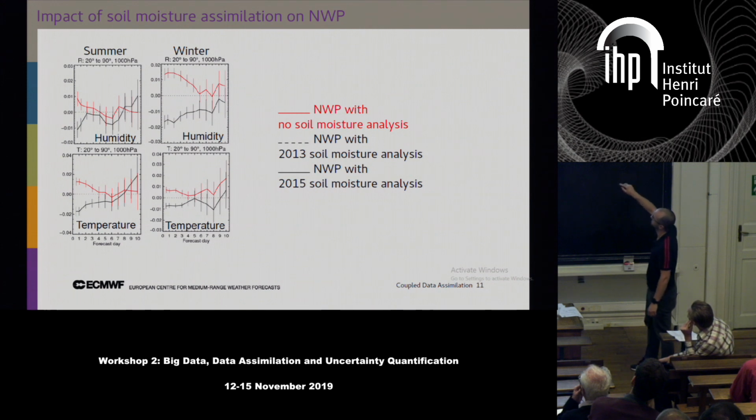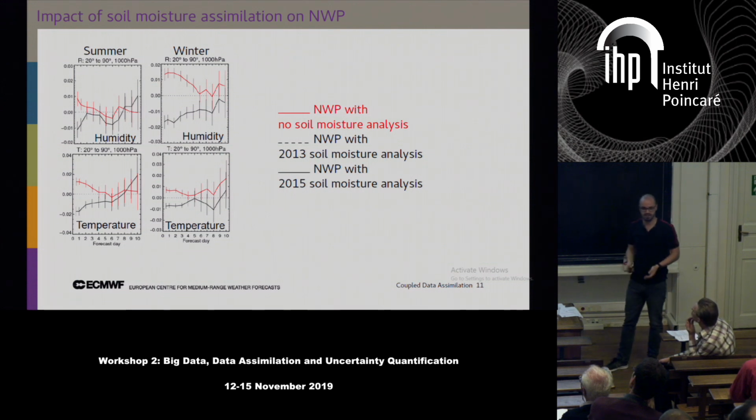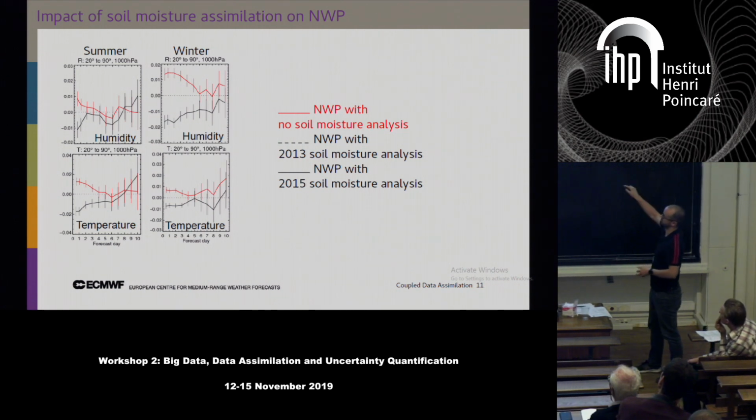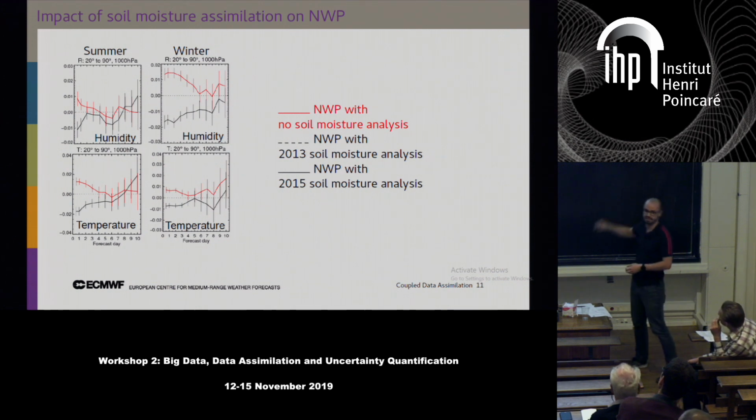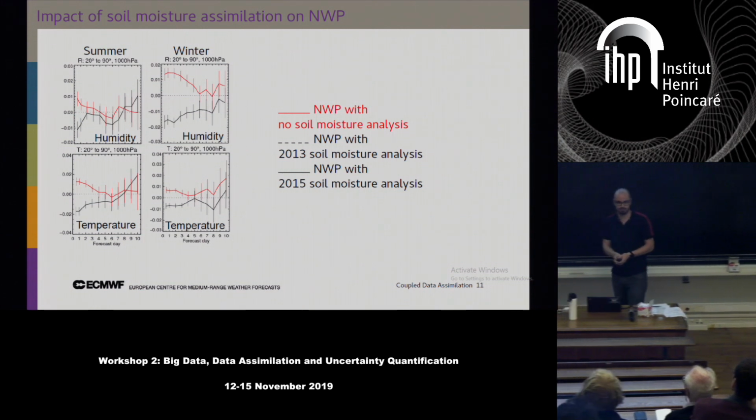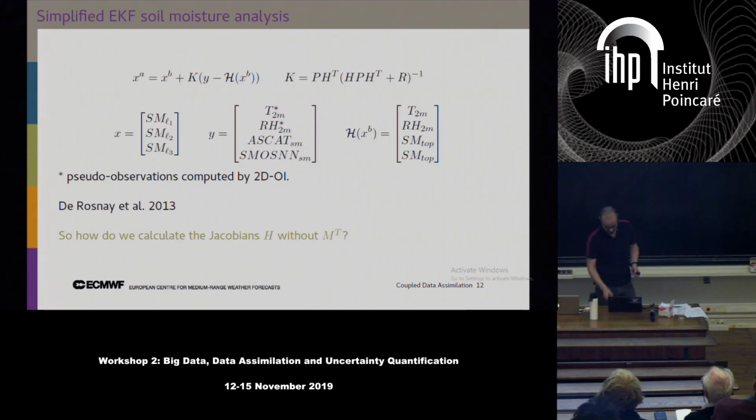And then the black line, you can see improvements in northern hemisphere surface temperature and humidity in both seasons, if we tune our observation error covariances. So we actually have a good representation of what the observation errors are. We can get improvements to the forecast out to day 5 in surface temperatures. So it's worth doing. So let me tell you about what we do.